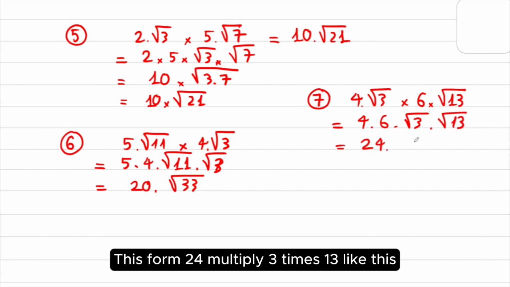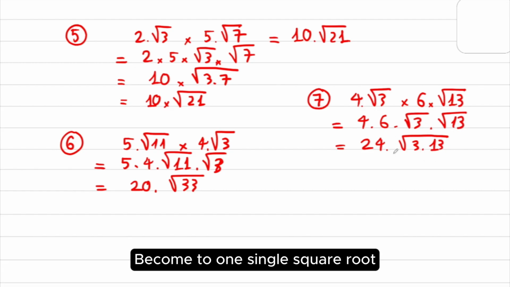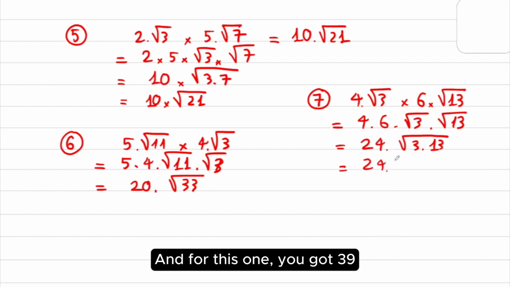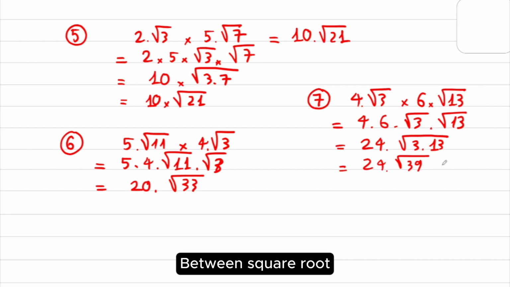This form, 24 multiplied by 3 times 13, means you combine two square roots into one single square root. So 24, and for this one you get 39. Yeah, okay, that is the way you do multiplication, and addition or subtraction, between square roots.